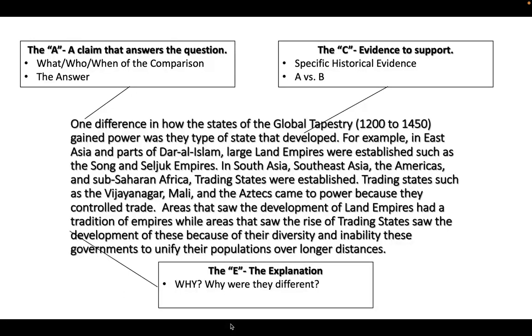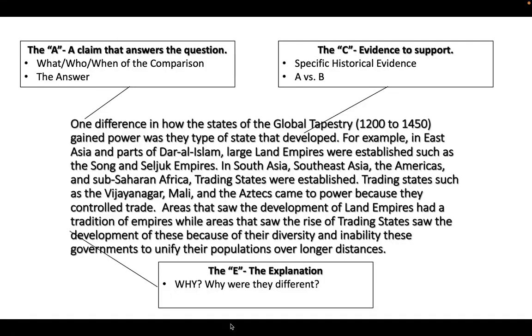Well, basically, it's because of not only their tradition of empire, but really the ability of the local core state governments to unify people over longer distances. Trading states developed in South and Southeast Asia basically because the population was so diverse, and there's no way that one state could unify like the Guptas had.